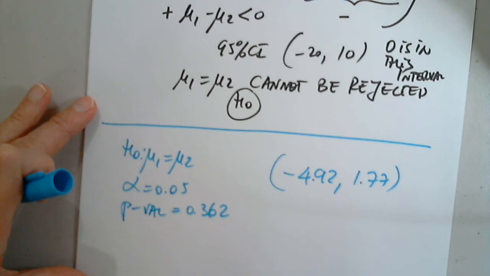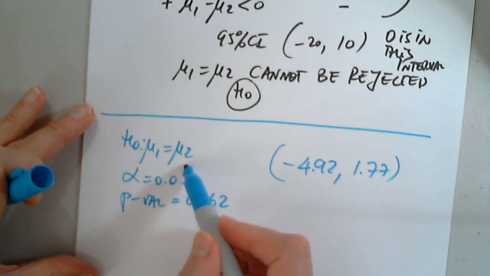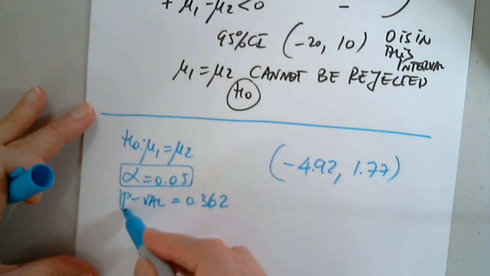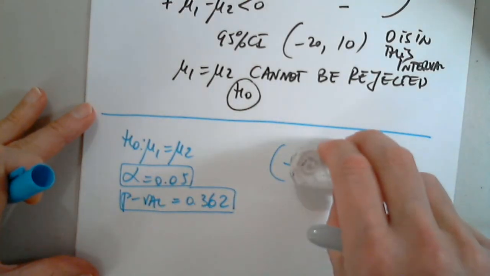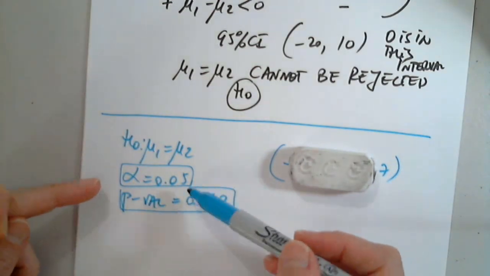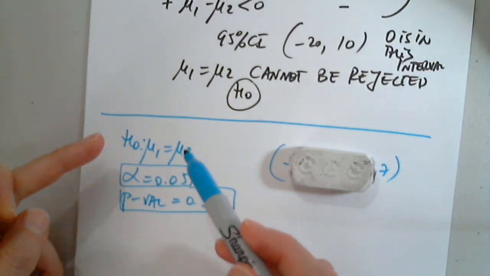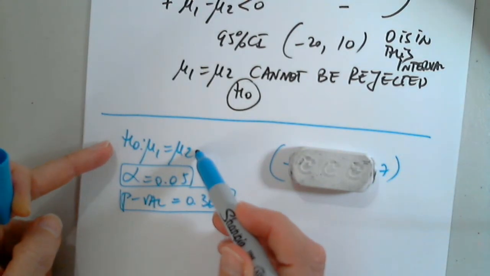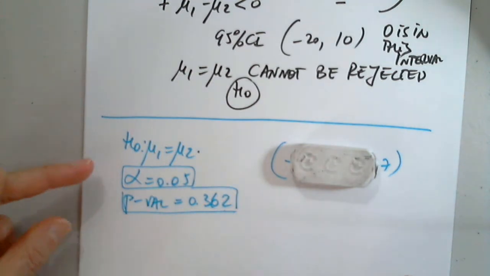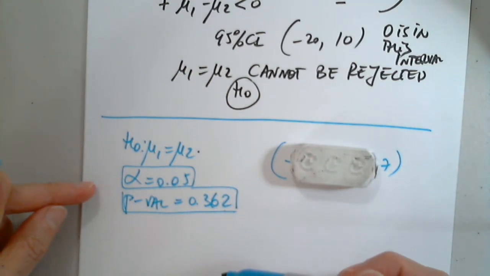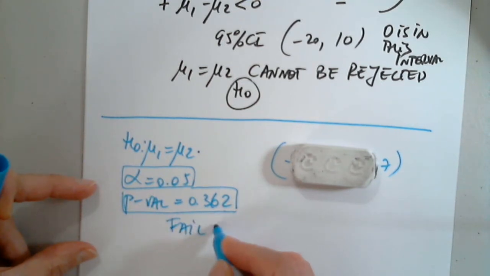So let's talk about it first. This is alpha, and this is the p-value. Forget about the interval for a moment. So alpha and p-value, what do we conclude? Do we reject or fail to reject the null hypothesis? Fail to reject.